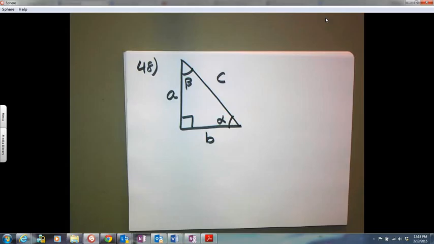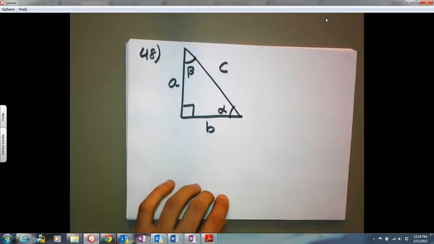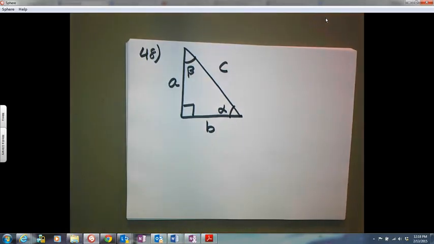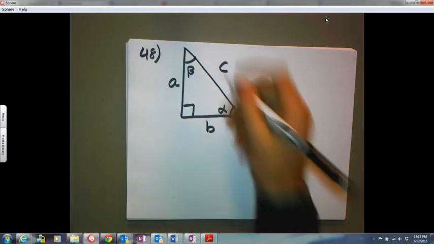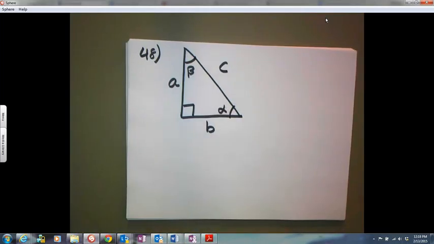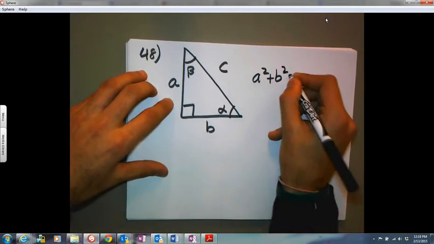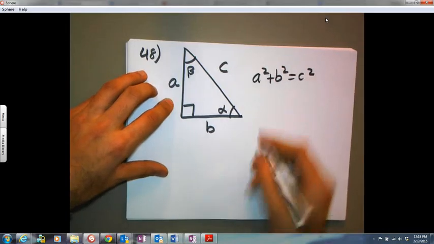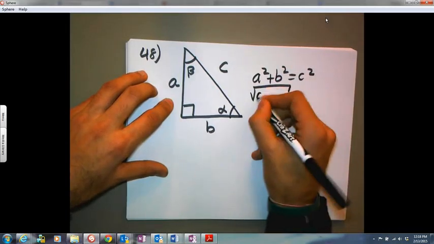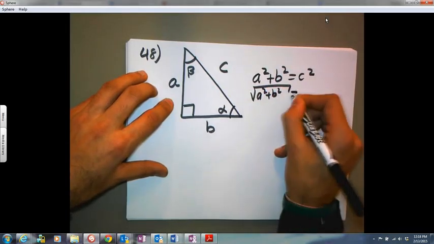Now they're saying which of these 3 options can represent side z. The first one says square root of a squared plus b squared. Well, that's good because we know a squared plus b squared equals c squared. So square root of a squared plus b squared absolutely equals c. So number 1 was true.